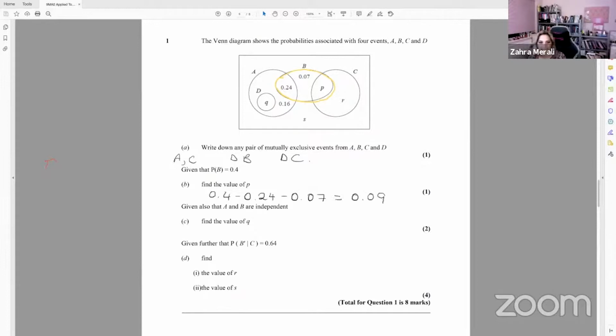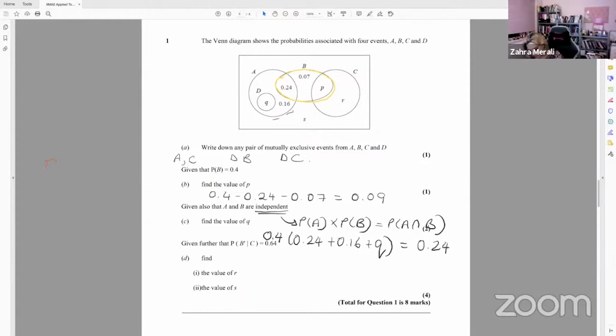Now we're told A and B are independent. You see that, your brain's going to go, okay, it means the probability of A times the probability of B equals the probability of A and B. So the whole of the probability of A, which is 0.24, so everything in that circle of A, including the whole of Q in there, times the probability of B, which we know is 0.4, equals A and B, which is where they meet, which is 0.24.